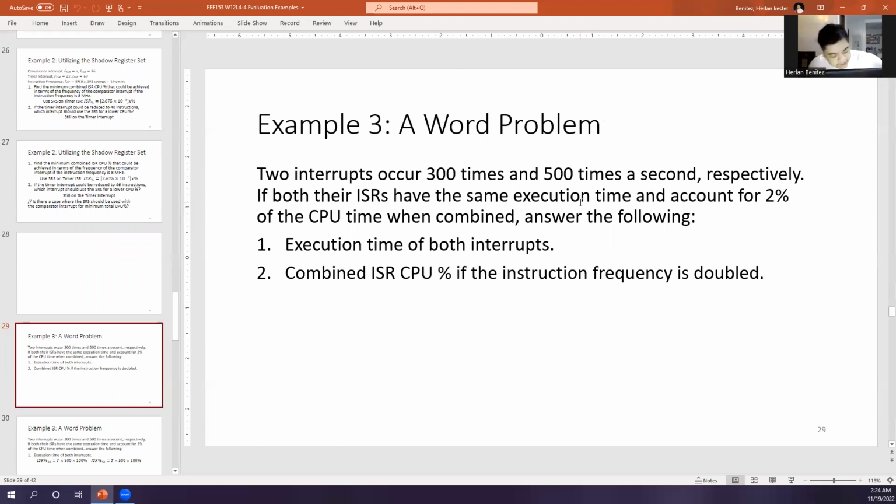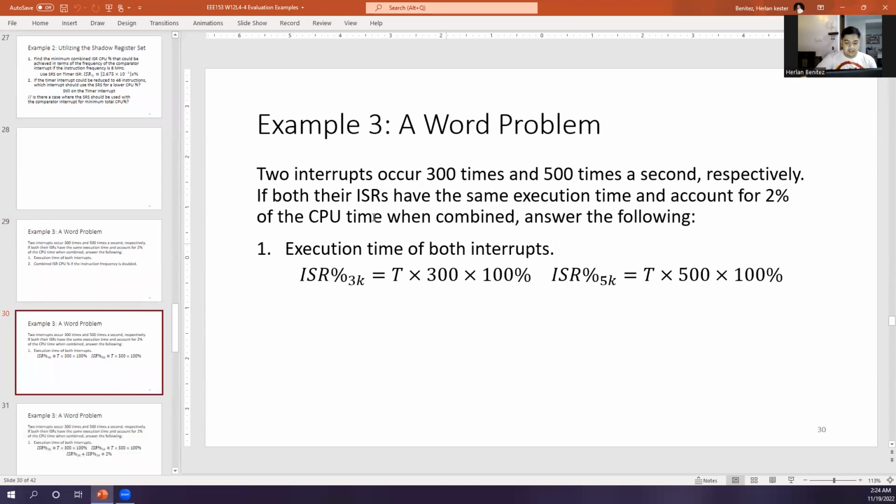So first one is ano yung execution time ng interrupts, and then ano yung combined ISR CPU percentage if the instruction frequency is doubled. So para lang siyang word problem talaga. Meron tayong interrupt na 300 times, meron tayong interrupt na 500 times.